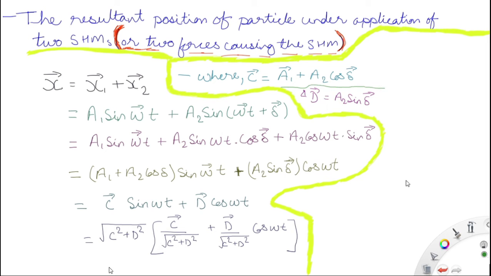The square root of c square plus d square is the amplitude of the displacement x.